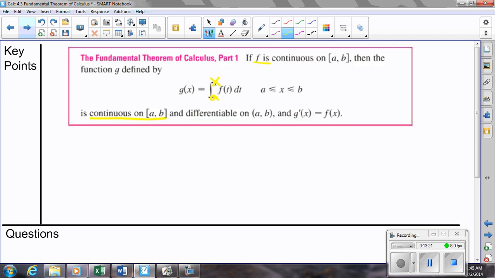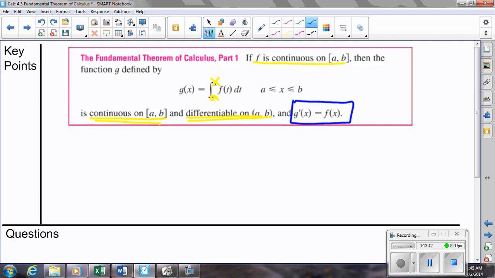As long as we have a continuous beginning function, the area function will be continuous. Moreover, the area function g is differentiable also on the open interval. But here's the coolest part about it all.